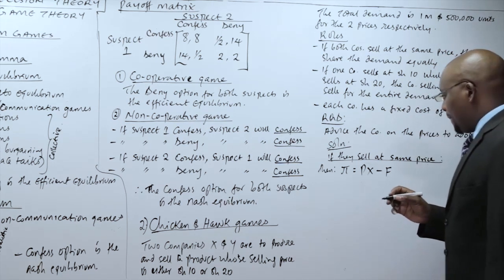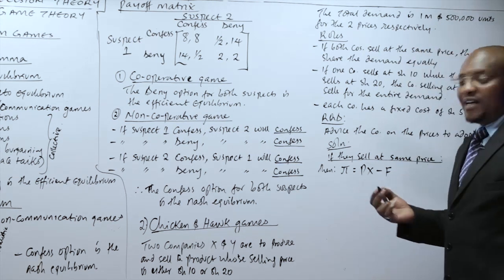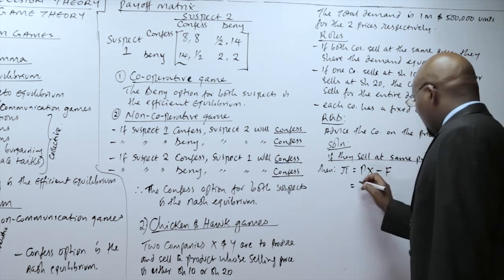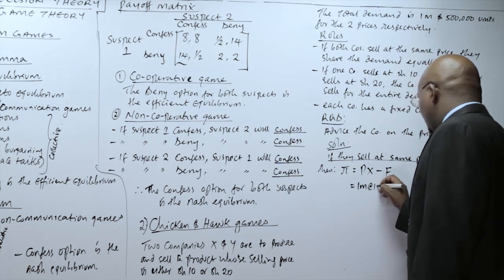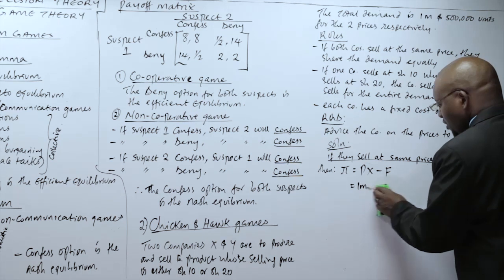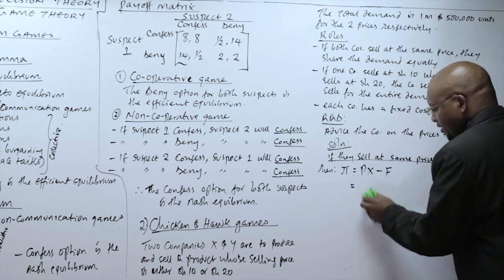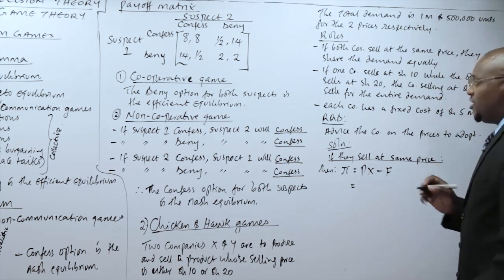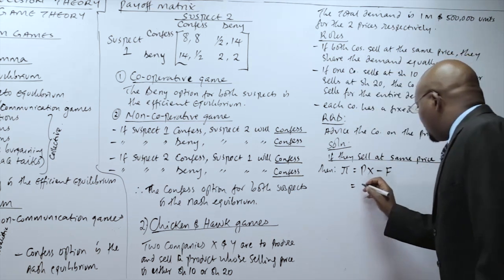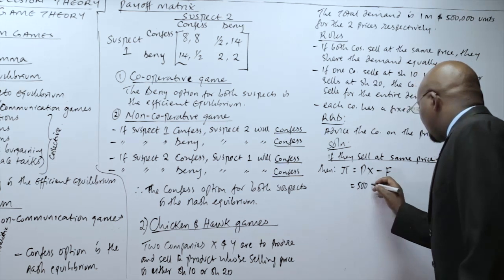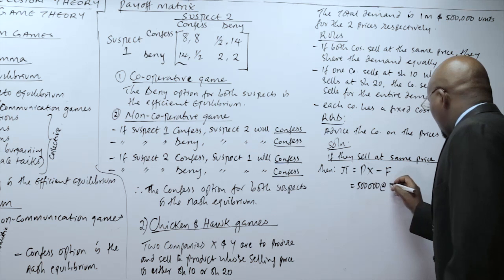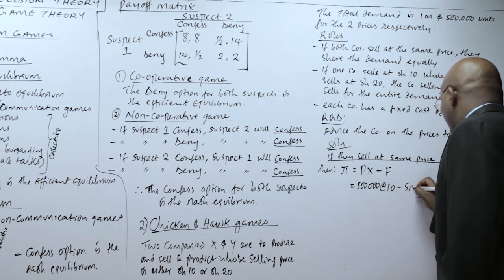So in our case, if they're selling at the same price, say a price of 10, it will be 1 million units at 10. They are sharing the demand. I told you here that they're going to share the demand. So meaning each company will have 500,000 units at 10 minus 5M.